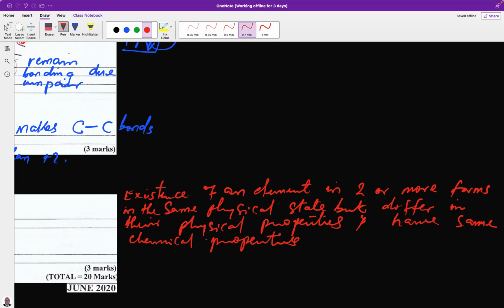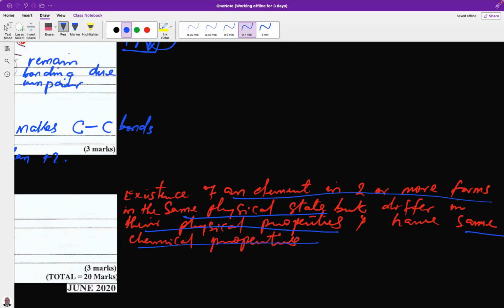So the major thing here is an element existing in two or more forms, in the same physical state, and they differ in their physical properties, but have the same chemical properties.